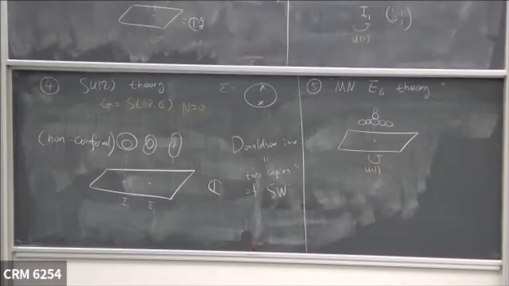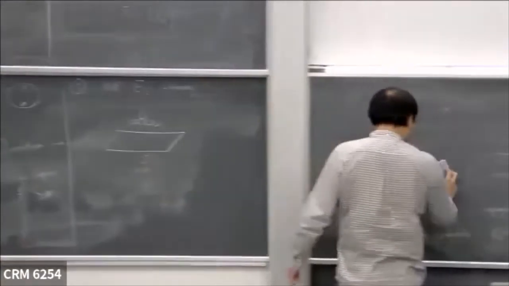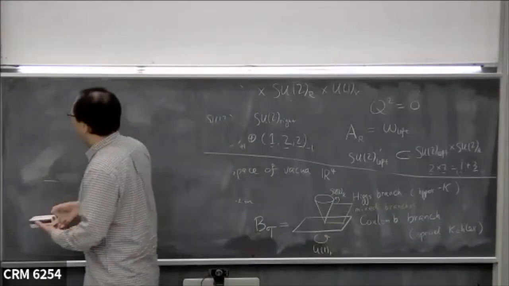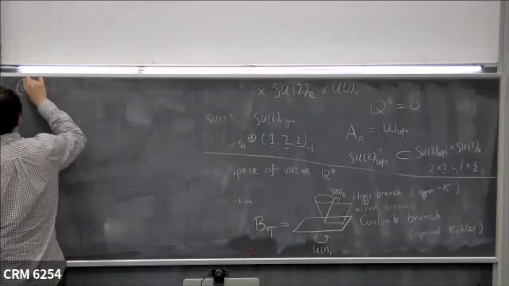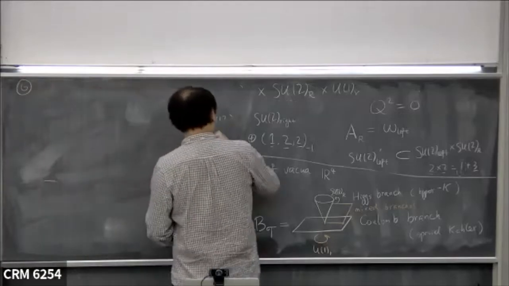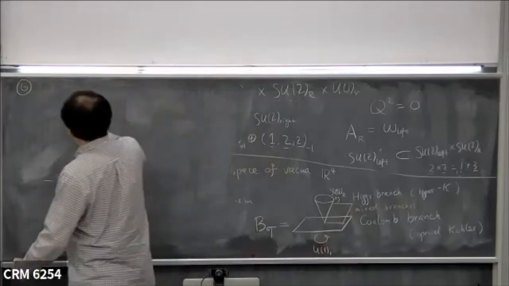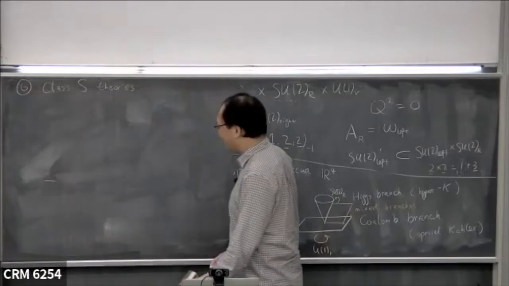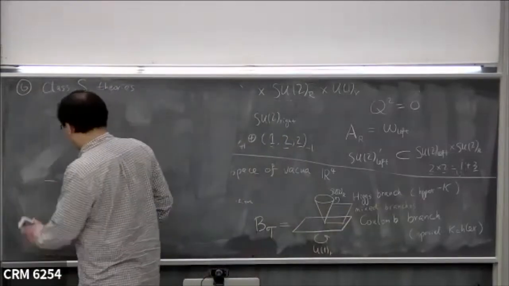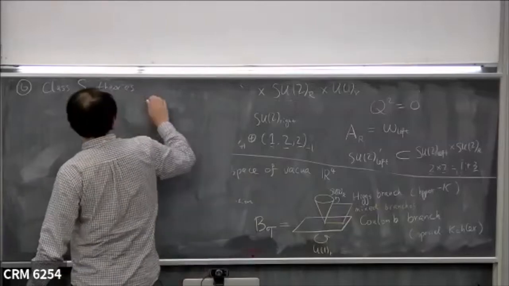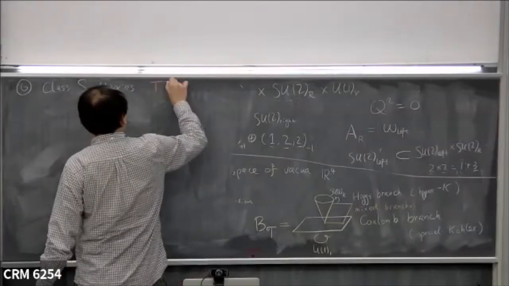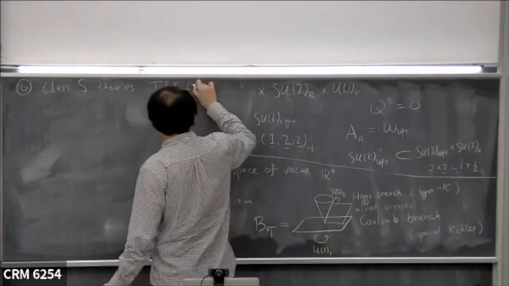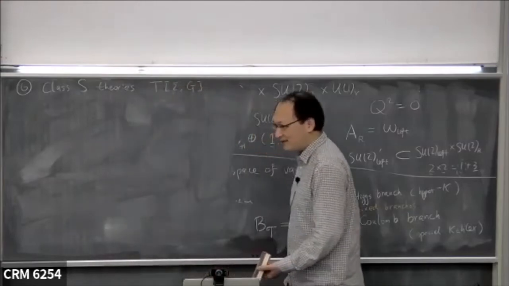There's a more general class of theories labeled by Riemann surfaces. That's the class of theories that I have been talking about. The proper name for them is class S. You have already heard about it if you were here last week. Those theories are labeled by sigma and also G, now assumed to be of type ADE.